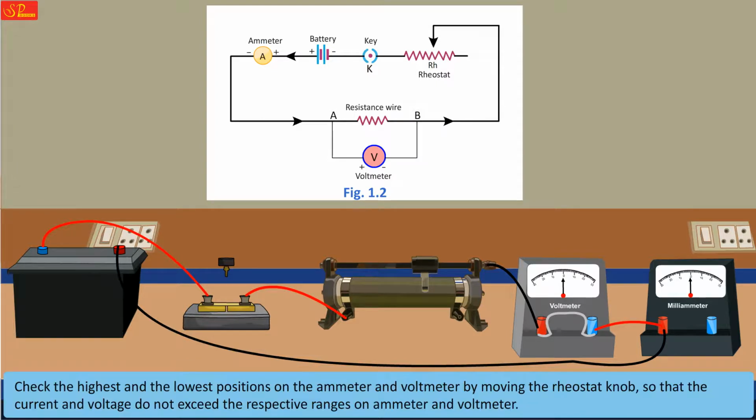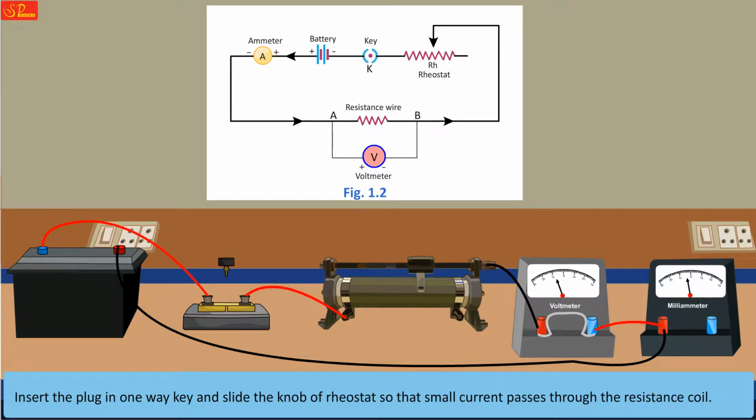Check the highest and the lowest positions on the ammeter and voltmeter by moving the rheostat knob, so that the current and voltage do not exceed the respective ranges on ammeter and voltmeter. Insert the plug in one-way key and slide the knob of rheostat so that small current passes through the resistance coil.